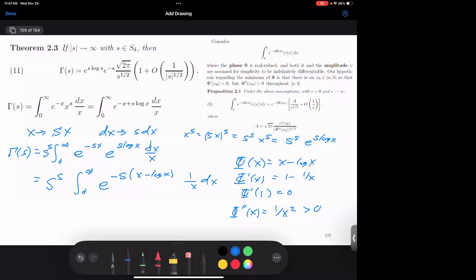So I now change variables like this, and now I have a new function. My special point x naught equals 1. My function phi has all the desired properties, and I can basically do everything I want. The only danger, of course, is that as x goes towards 0, 1 over x blows up, and as I integrate to infinity, there's also a problem there. Well, I've got so much decay that I'm really not that worried.